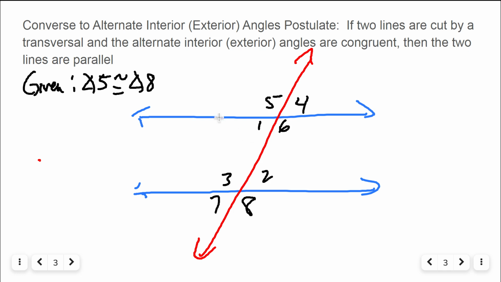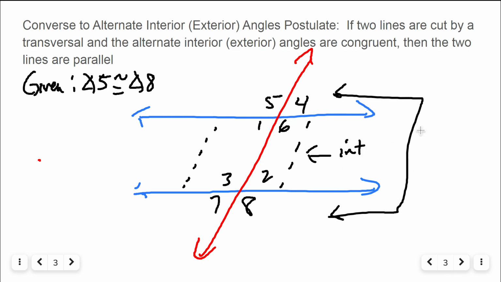So take a look. Here's your lines going the same way. So this is your interior, right? The other 4 angles are on the exterior. Okay, angle 5 is on the exterior on one side of the transversal. Angle 8 is on the other side of the transversal on the bottom on the exterior.